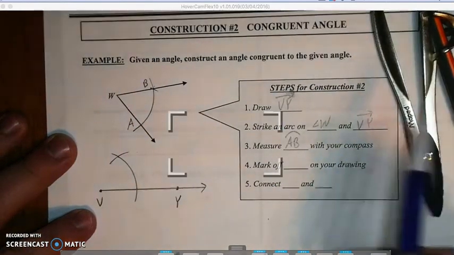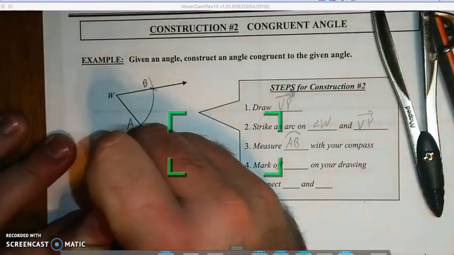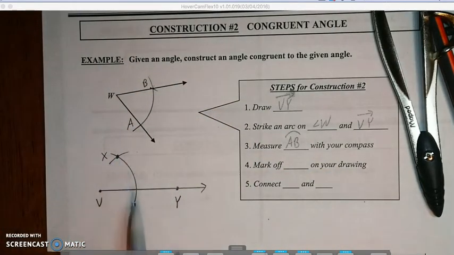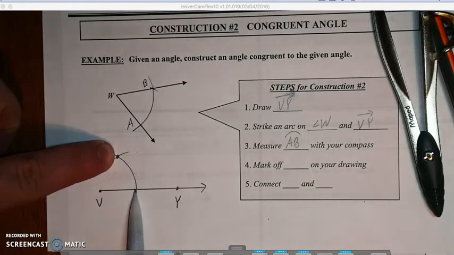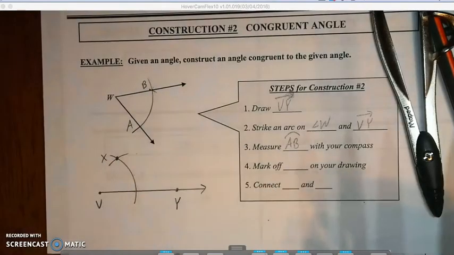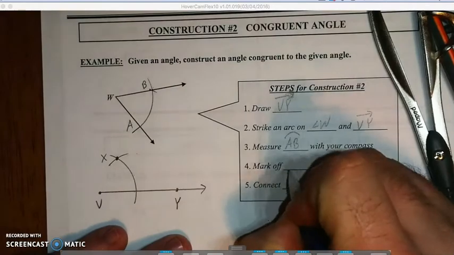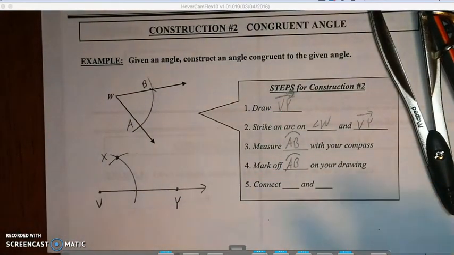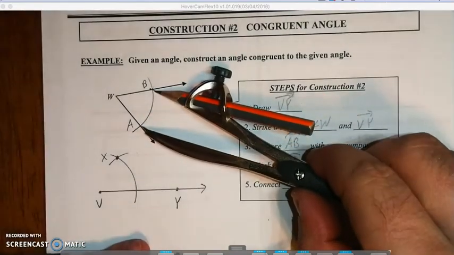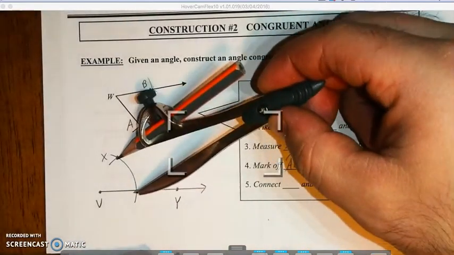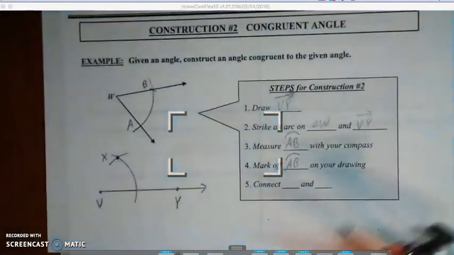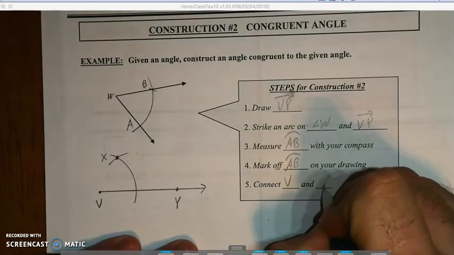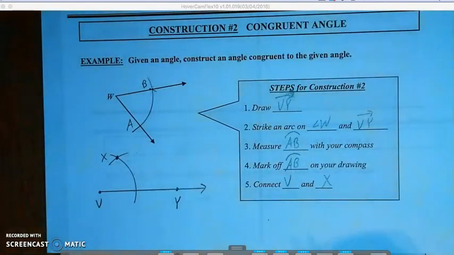Now we have this new point that we will call X. The distance between these two points is the same as the distance from A to B. So we've marked off arc AB on our new drawing. The last thing we have to do is connect point V with point X, and we have the other part of our angle.